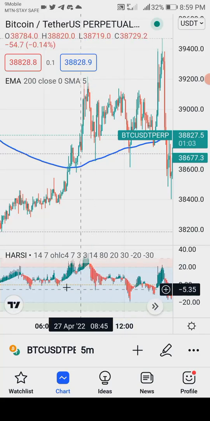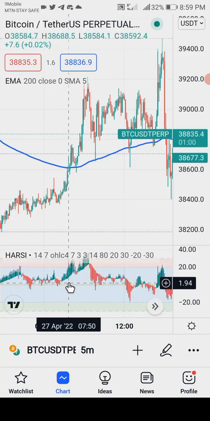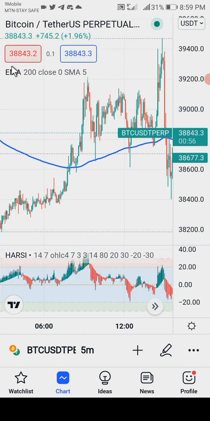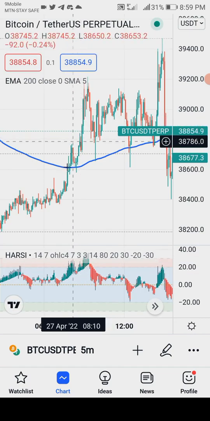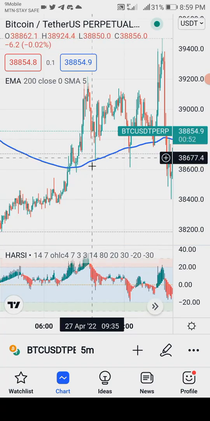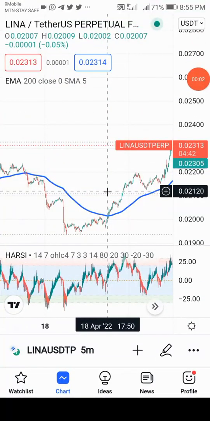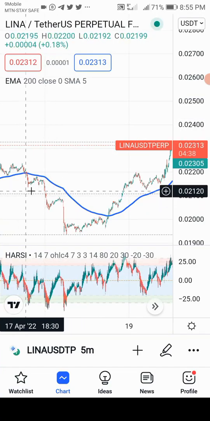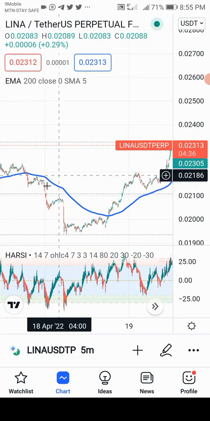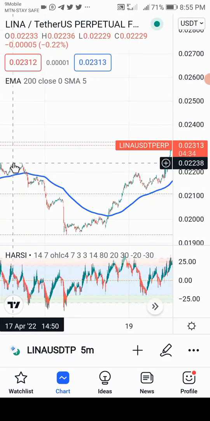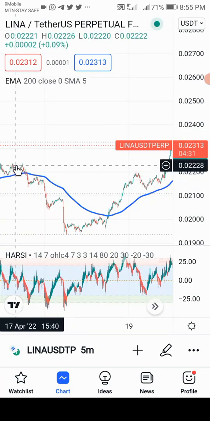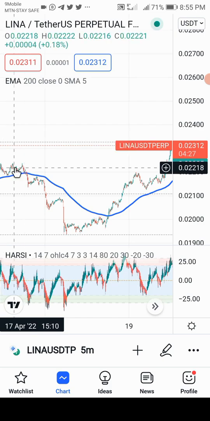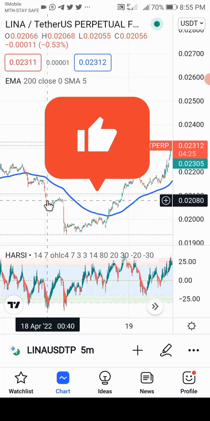So with that being said, let's proceed, and I'll be using a perfect chart to explain this better for you, so stay tuned. In our first example, we'll be using the Liner versus United States Tether Perpetual. So from the chart here, like I said before, if the price moves from above the 200 exponential moving average downward, that means we are on a downtrend.